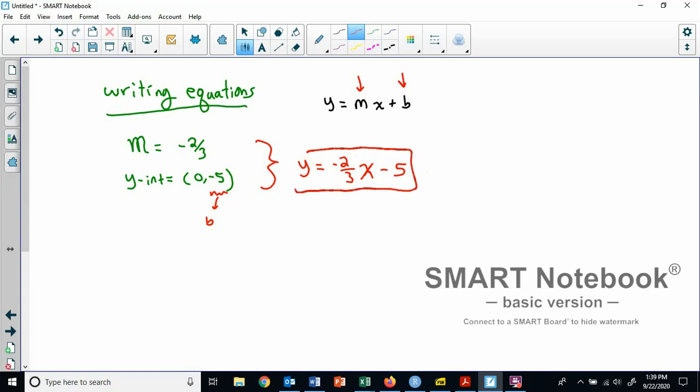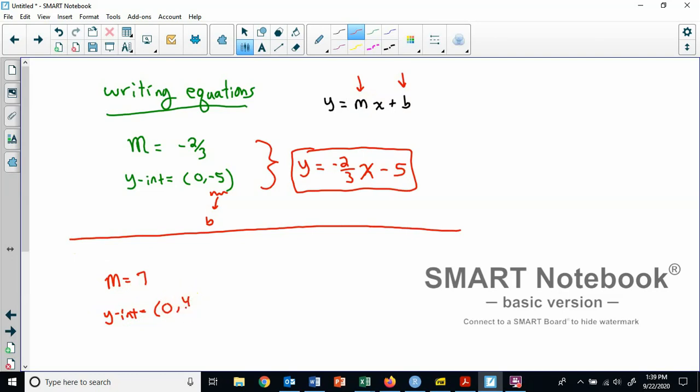So this is just to introduce the idea of writing equations to you. That's really actually kind of simple. So I could put any number here and any number here. They could be as nasty as you can imagine. All you're doing is plopping them in right here and right here. So let me do another one. Slope is 7, and the y-intercept is, I don't know, we can make it nasty like a fraction. (0, 4/9). Not pretty numbers, but all I'm going to do is y equals something x.